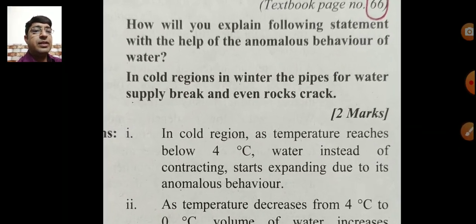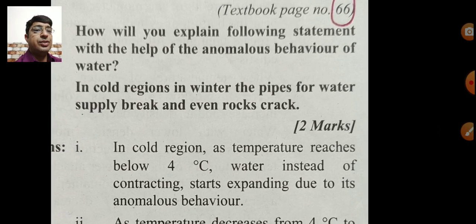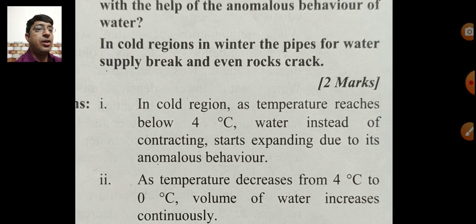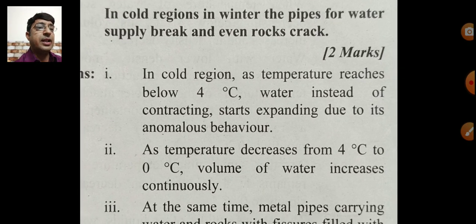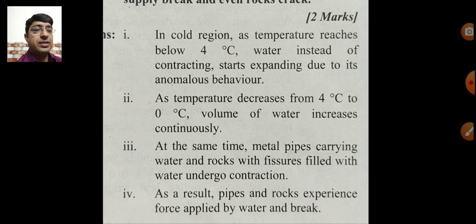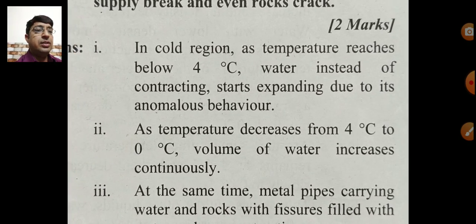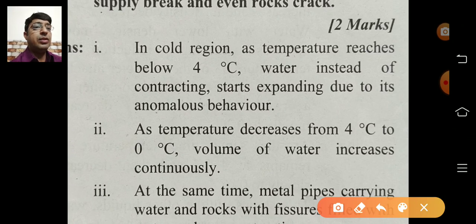One more question is given. Check that. In cold regions, in winter, the pipes for water supply break and even rocks crack. It is a 2 mark question. Some points are given here. This is a give reason question. In cold regions, as the temperature reaches below 4 degrees Celsius, water, instead of contracting, what happens? It starts expanding due to its anomalous behavior.